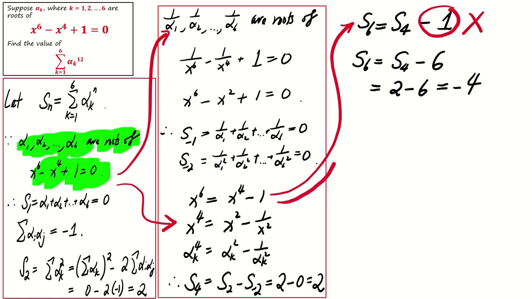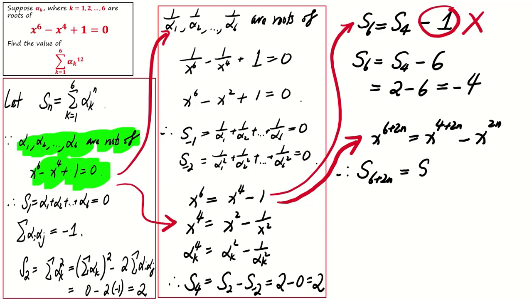To simplify our calculation, we multiply each term from the equation x6 equals x4 minus 1 by x to the power of 2n and obtain x to the power of 6 plus 2n equals x to the power of 4 plus 2n minus x power 2n. This leads us to the relationship S6 plus 2n equals S4 plus 2n minus S2n, where n is a positive integer.